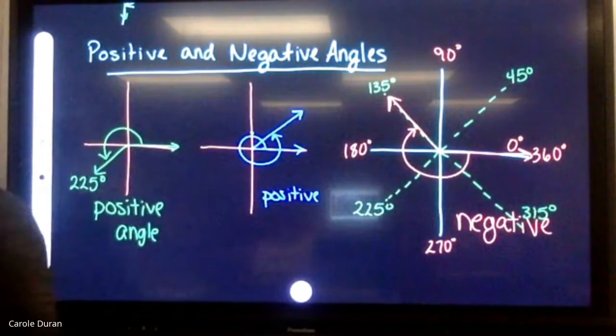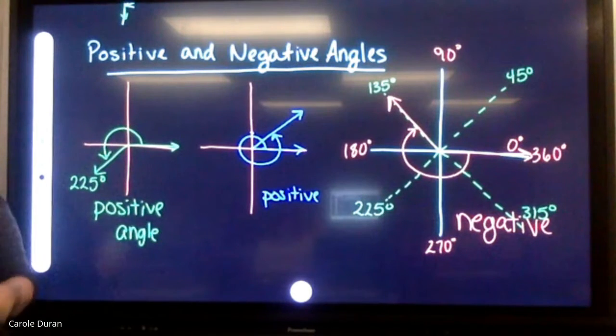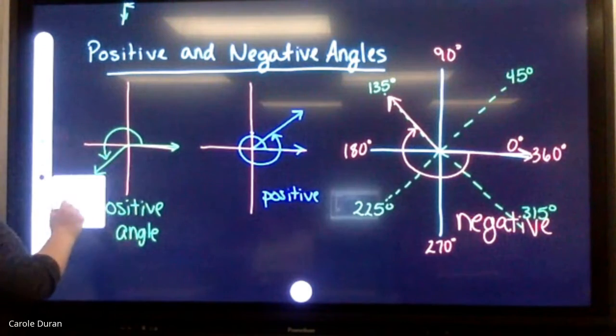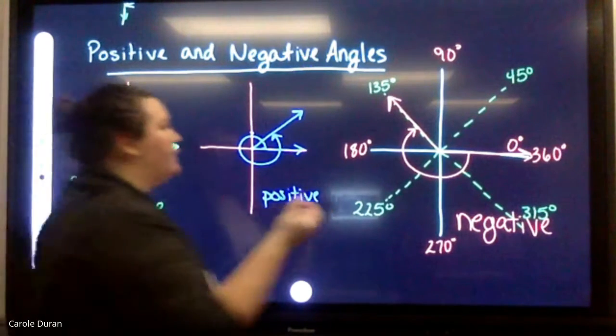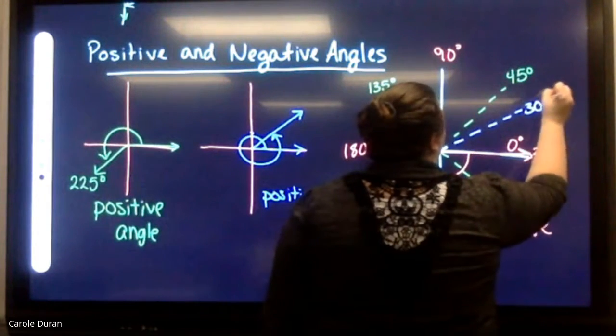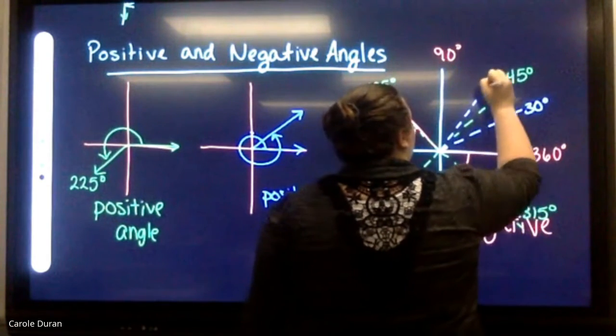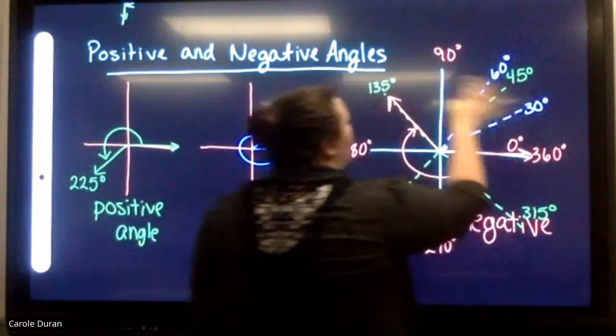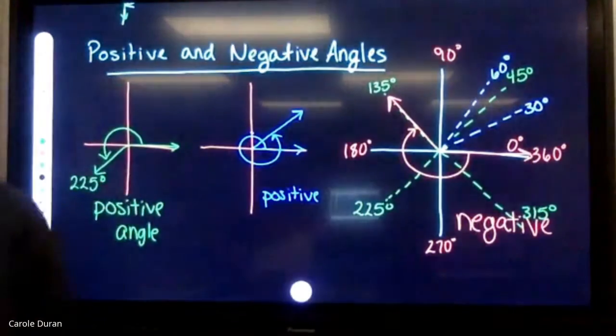We don't just break it down though into quarters like we see here. We can also do thirds. So if you look at a unit circle, which is what we're going to be calling this in the future, you would also see that we can find a common 30-degree angle and 60-degree angle on each of these quadrants as well.